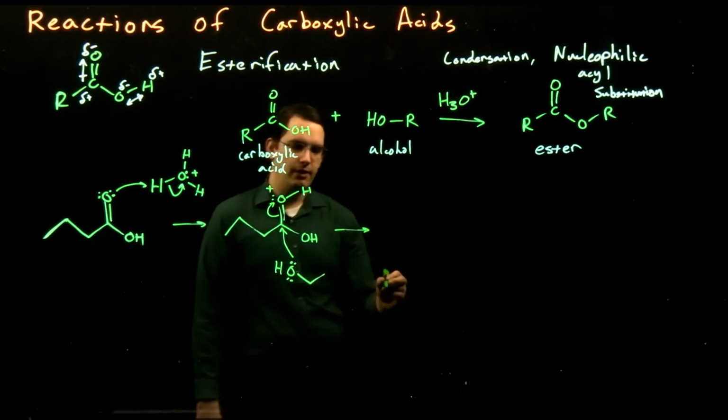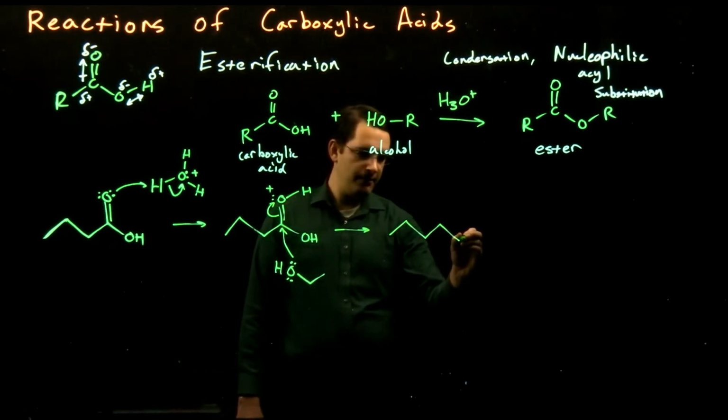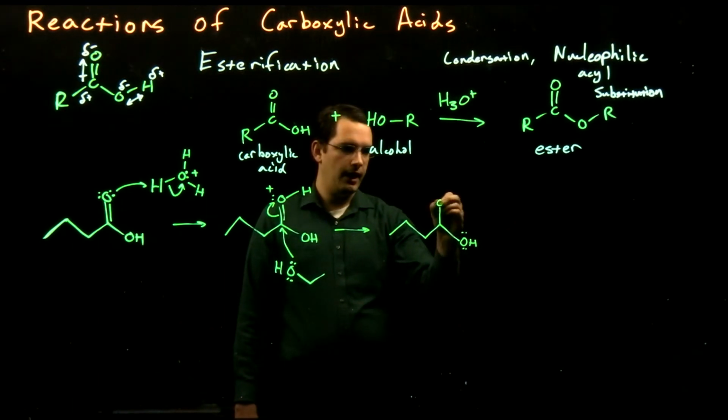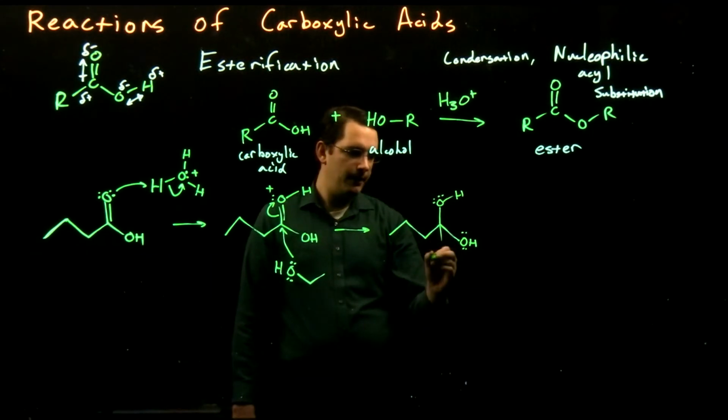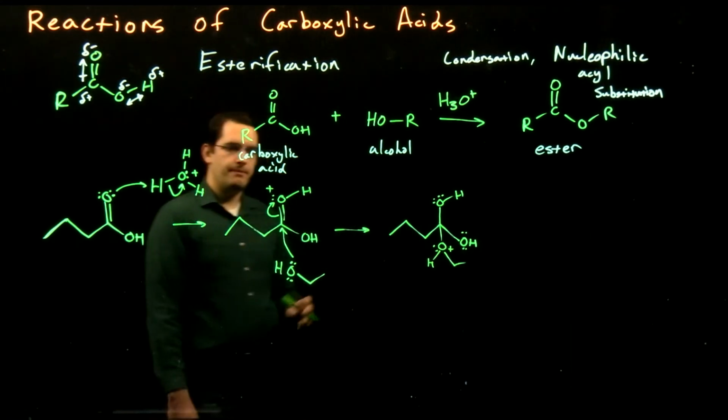So that leads to our intermediate, where we have our alcohol now up here at the top, and we've got our new alcohol connected on down here at the bottom. And of course this will have a positive charge.